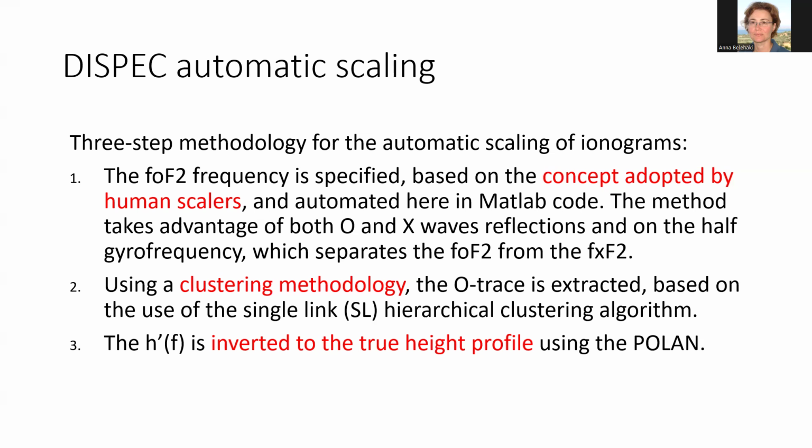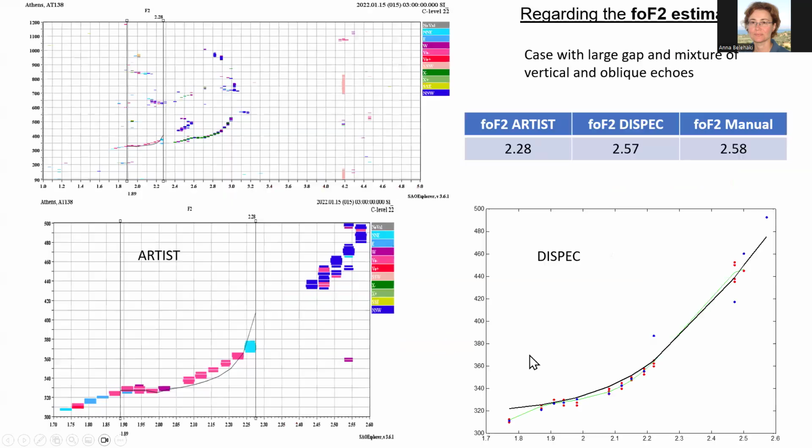The second step in this methodology is using a clustering methodology for the O trace, and we use the single link hierarchical clustering algorithm. And finally, with the Polynomial method, we invert the virtual trace to the true height profile.